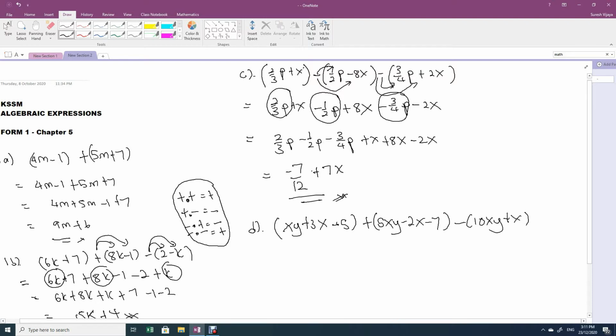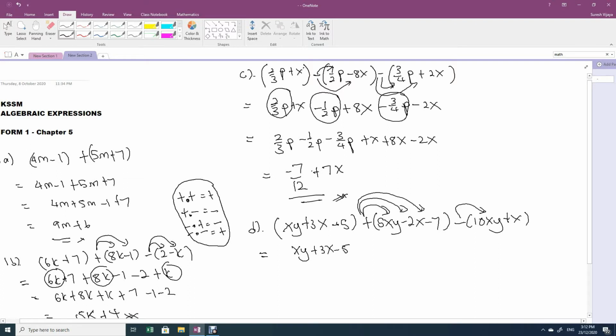Now what we do next is we break up the parentheses. So we rewrite the equation. The first term is xy plus 3x minus 5. Then we have plus, we multiply in plus.